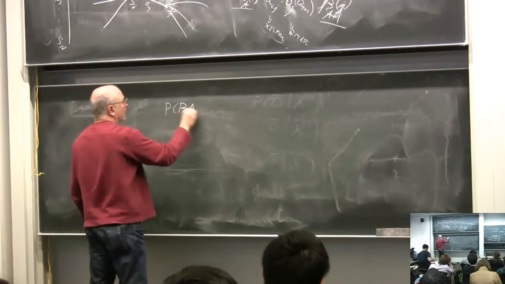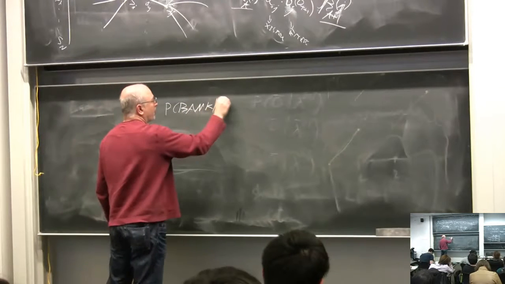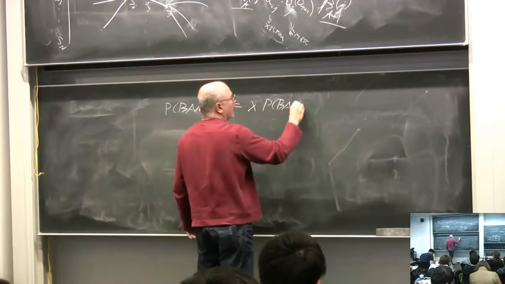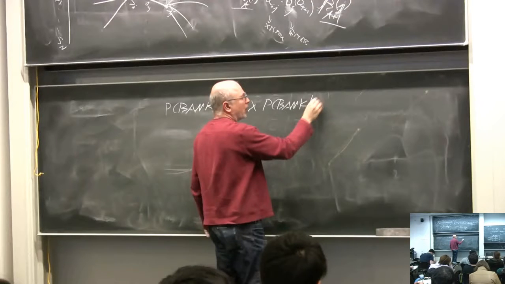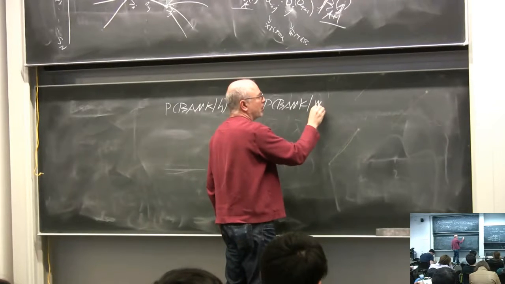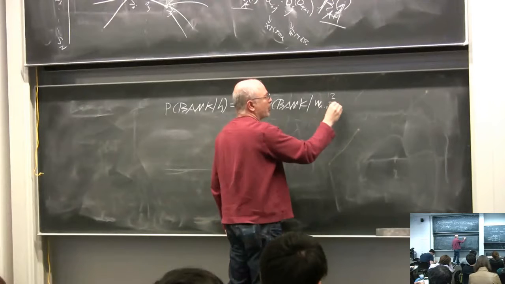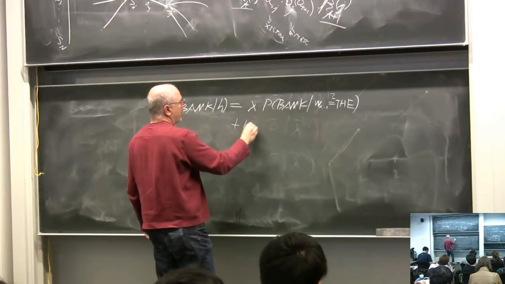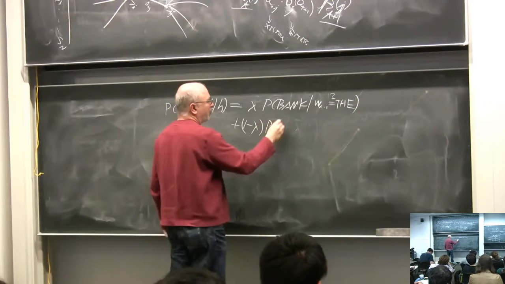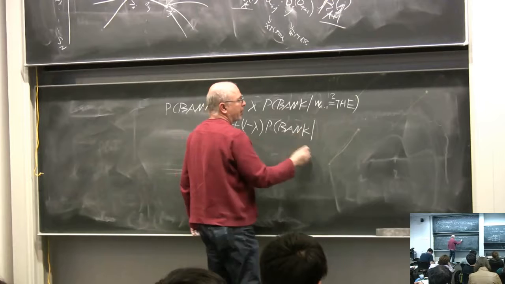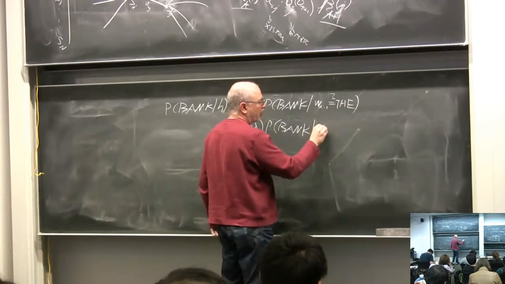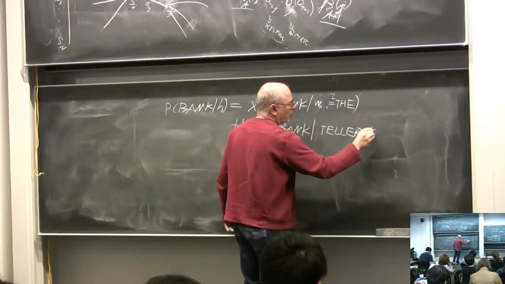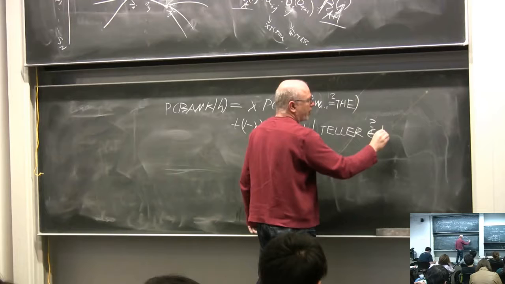So P of bank given the history is lambda times P of bank given whether or not the last word w i minus 1 is there, plus 1 minus lambda times the probability of bank depending on whether or not the word teller was in the history.